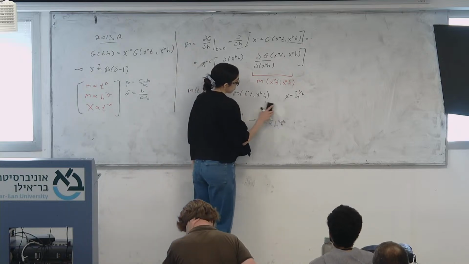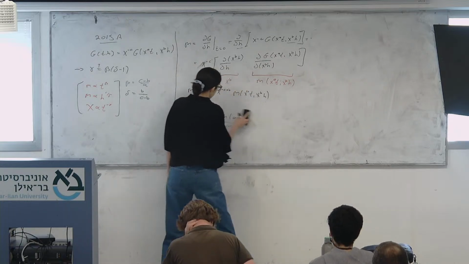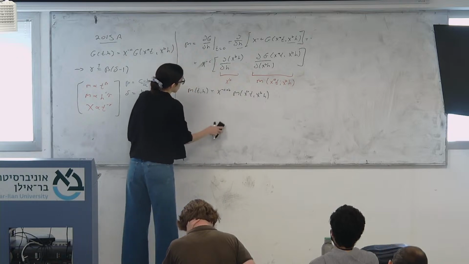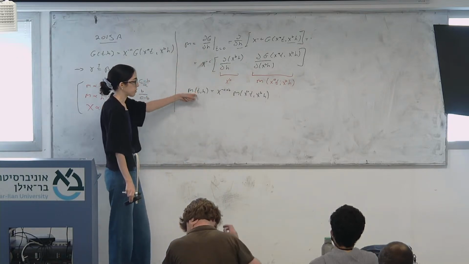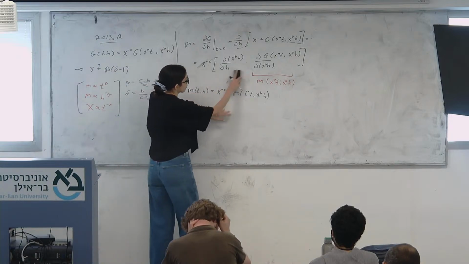So the last one is the susceptibility. I need to erase that, but we're still going to use it, so I'm going to leave it.